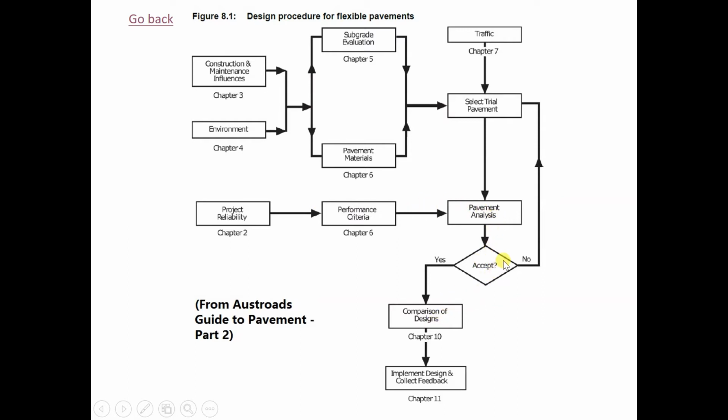After it is accepted, we compare the designs, implement the design, and collect feedback. In the comparison of designs, we don't follow the charts anymore, the Austroads 8.2 empirical CBR methods, but we use a structural approach with the help of the computer to do the analysis.